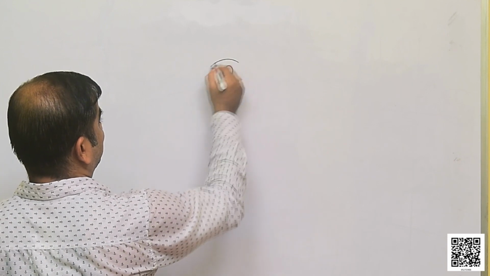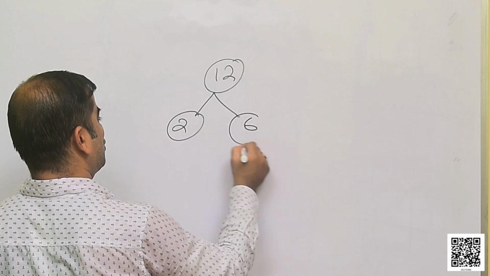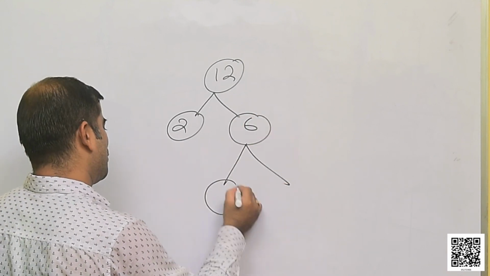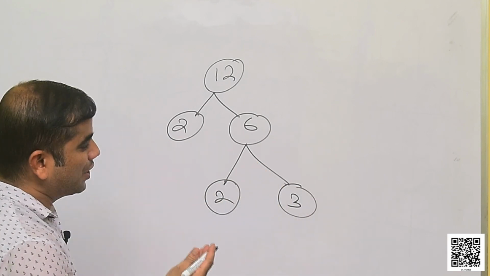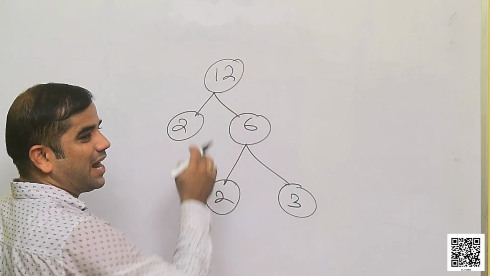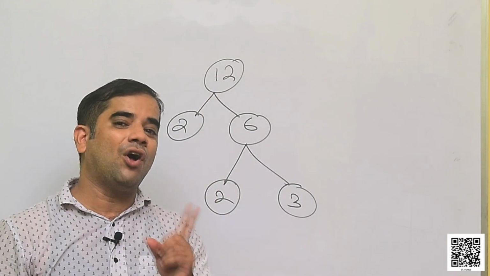Let us go for the number 12. So 2 6s are 12. Let us take a branch of 6. 2 3s are 6. So now 3, 2, 6, 12, and as I already told you, 1 is a factor of all the numbers.